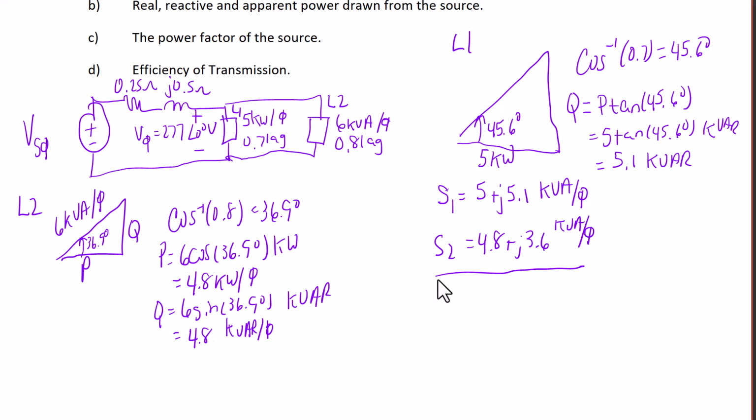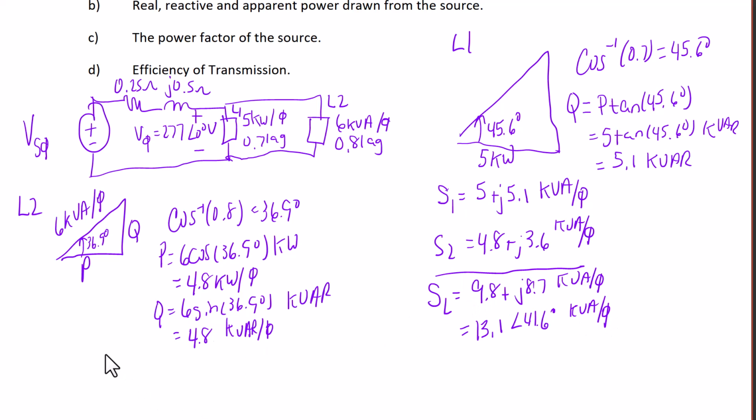And so when we add those together, the total complex power at the load would be 9.8 plus j8.7 kVA per phase. So that's in rectangular form. If we write that same answer in polar form, then the total power delivered to the load will be 13.1 with an angle of 41.6 degrees kVA per phase.